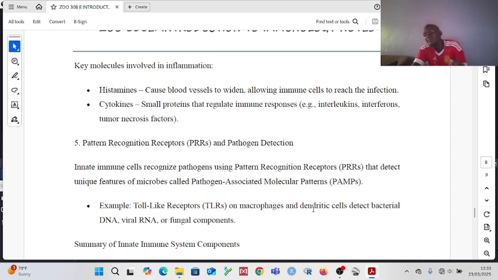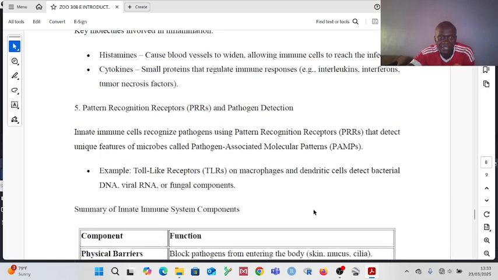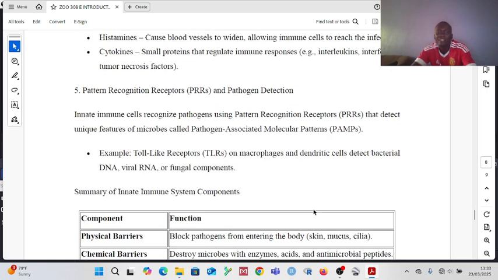Okay. The last component are the pattern recognition receptors and pathogen detection. So the innate immune system, these cells of the innate immune system, they recognize pathogens using these pattern recognition receptors. So these recognition receptors are what enables them to detect the unique features of microbes.